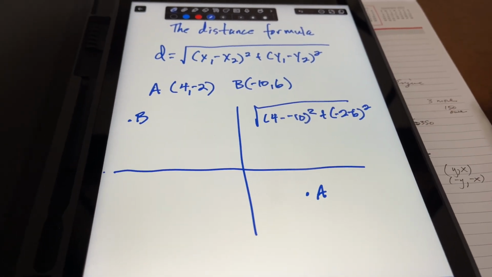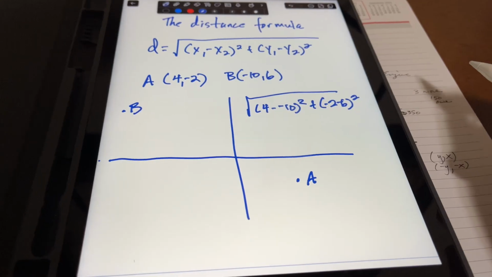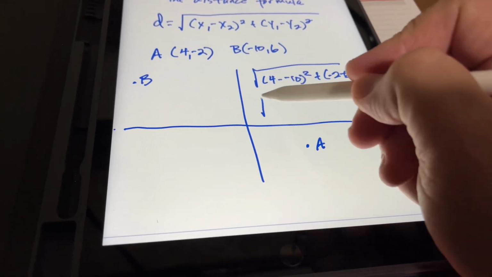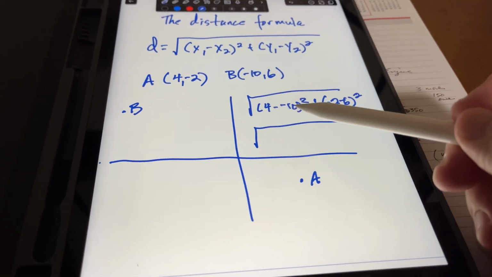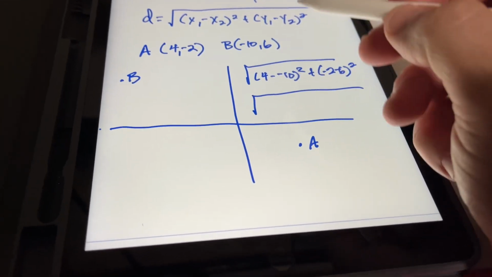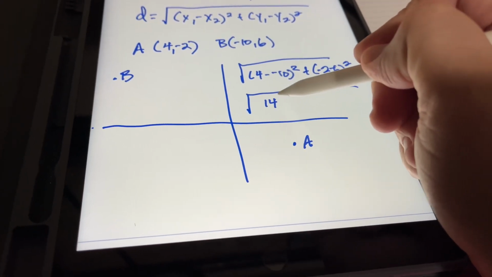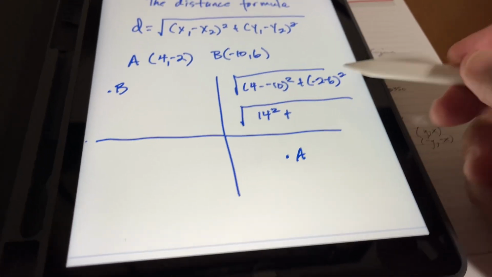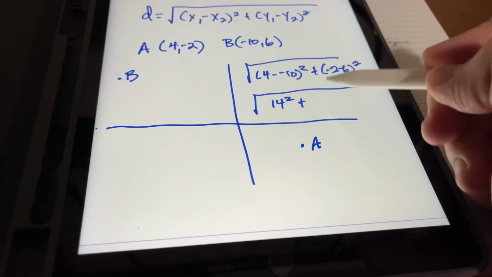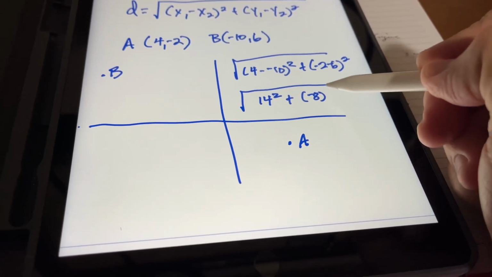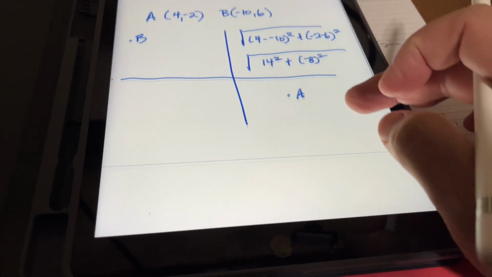So it's going to look like that, -2 minus 6, squared. Now let's begin to simplify that. 4 minus a -10, that's going to be 4 plus 10, so that's 14 squared. And -2 minus 6 is -8 squared, so it looks like that.